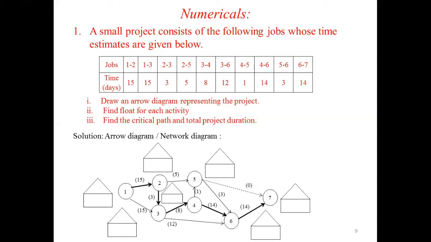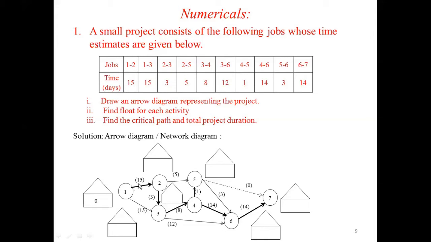After constructing this triangle and rectangular block, you need to fill the rectangular block in the forward direction, starting from node 1 to node 7. For the starting node, the initial time is taken as 0.